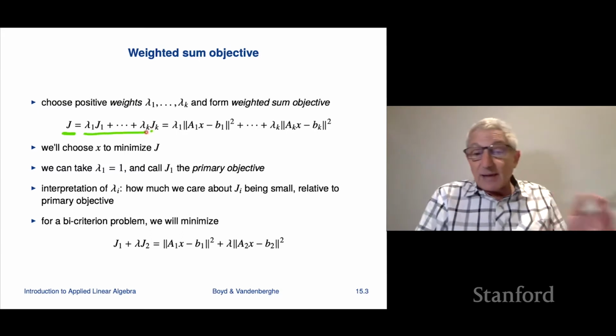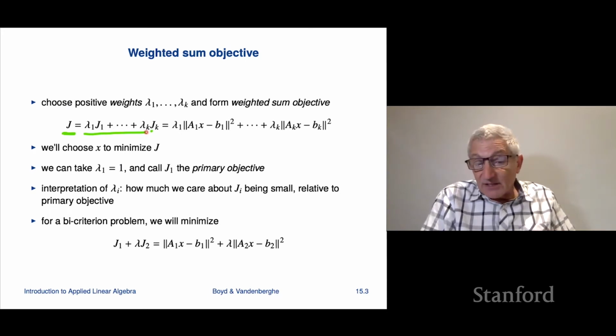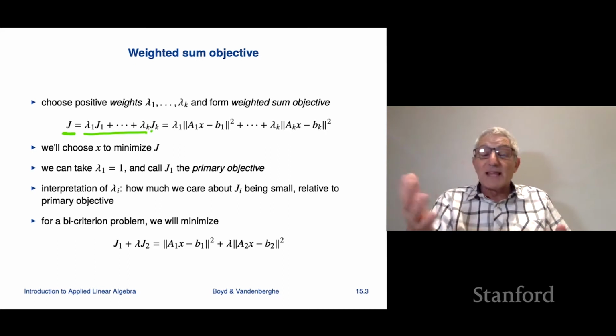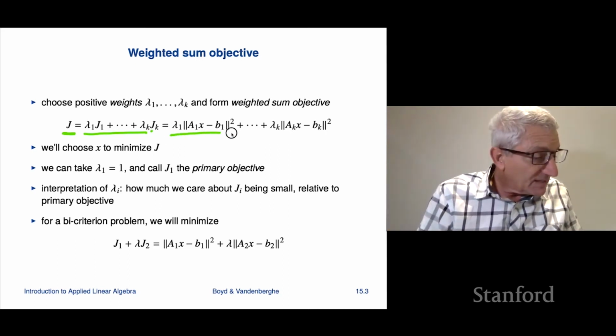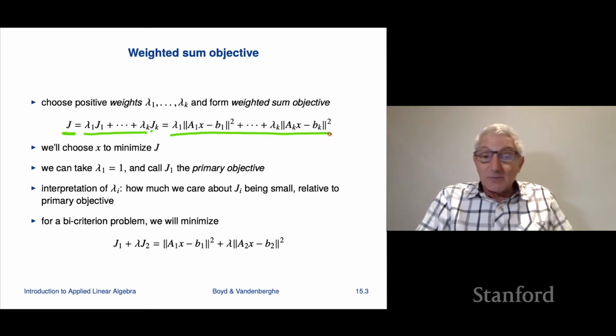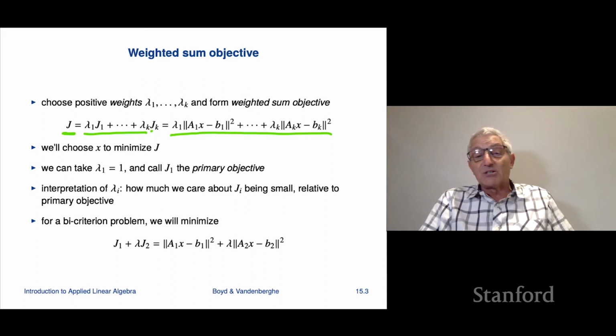And these weights, lambda 1 through lambda k, have to be positive. It wouldn't make any sense if they were negative, because that would be an encouragement to make that one big. We want all of them small. So this is our so-called weighted sum objective. Some people refer to this as a scalarization of our multi-criterion problem.